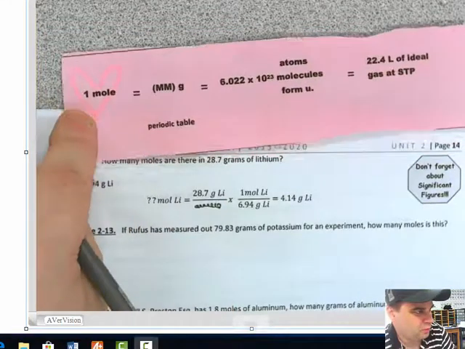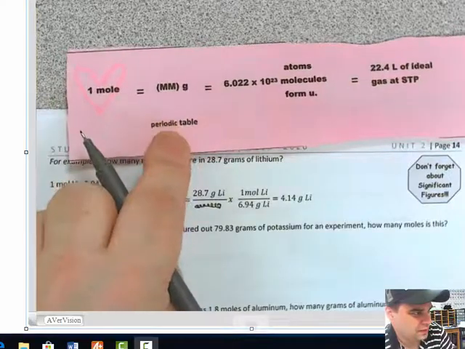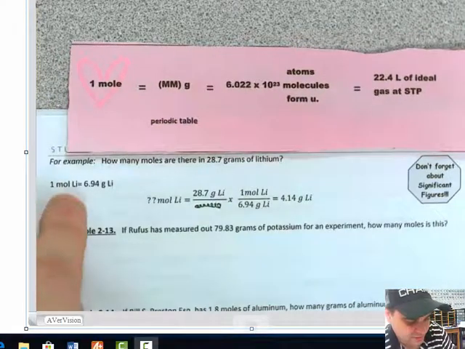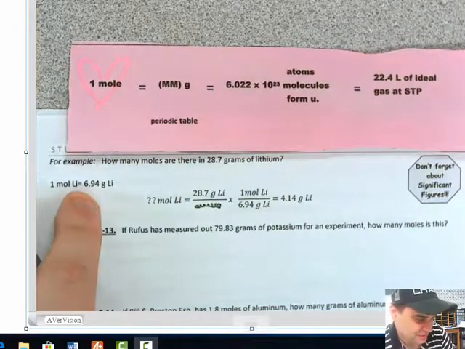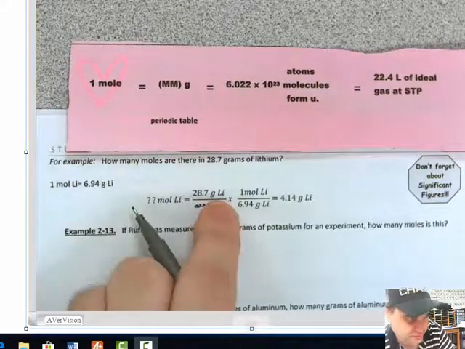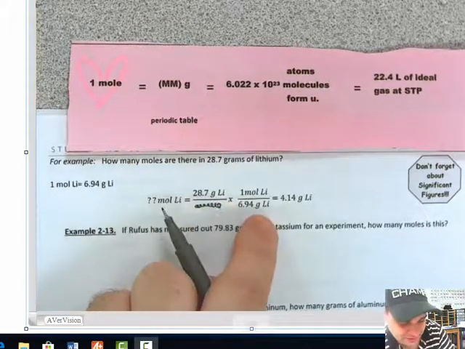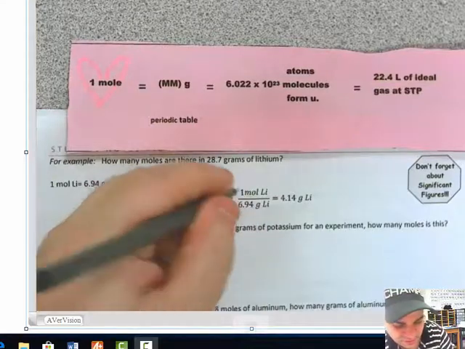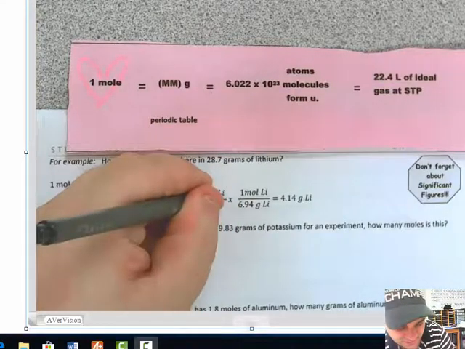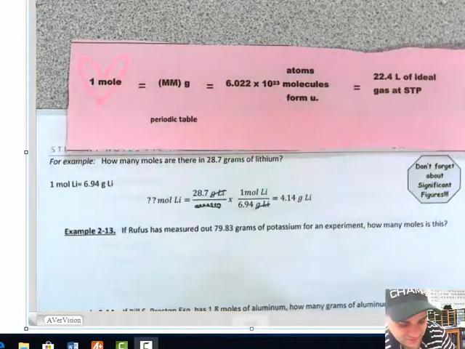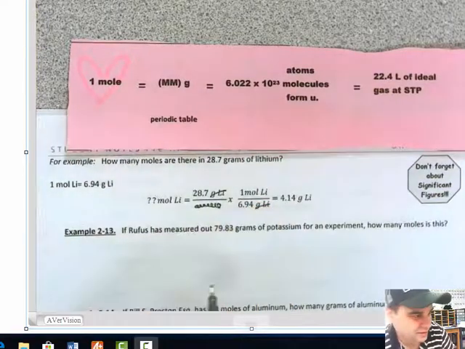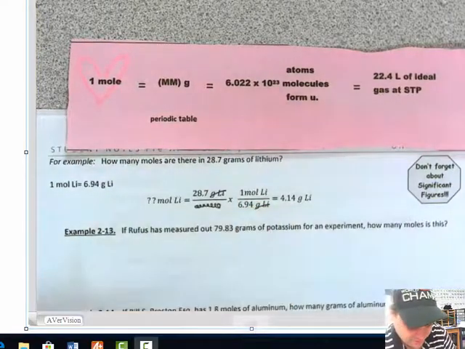We know that 1 mole is equal to the molar mass in grams. So we look up lithium on the periodic table and it says 6.94. Grams on the top, grams on the bottom. What are we going to go to? Moles. And then you just solve from there. Multiply and divide, and you have your answer.